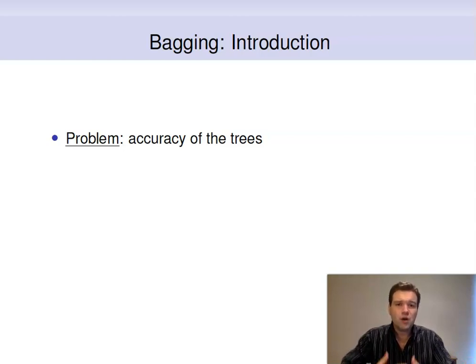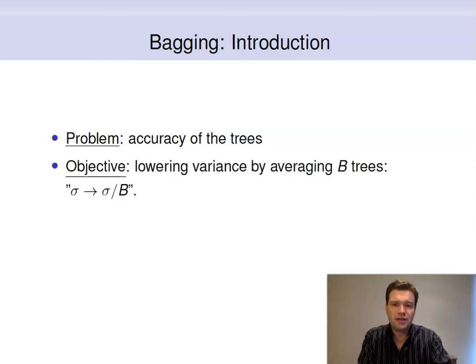That's the reason why we are going to try here to improve this accuracy through bagging and random forest techniques. The idea of bagging is to construct a large number of trees. We are going to see how to construct a large number of trees in some minutes.